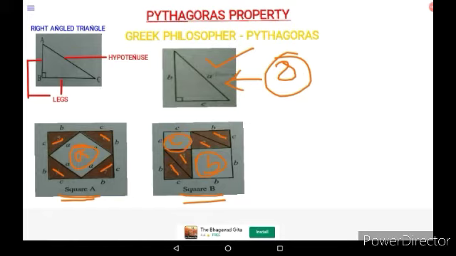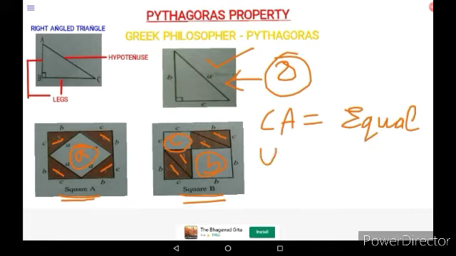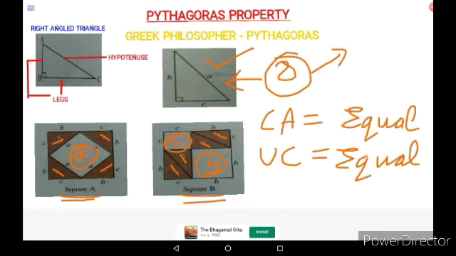The A, B, C squares are the uncovered areas. Now the covered areas of square A and square B are equal. The uncovered areas are also equal. Why? Because we have used 4 triangles in square A and 4 triangles in square B, which means the area covered should be equal.